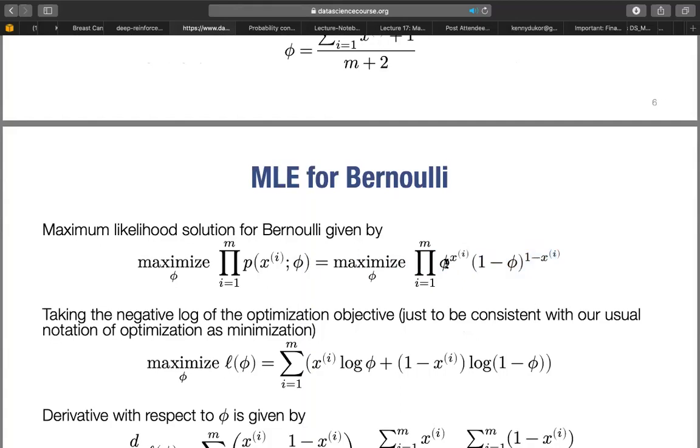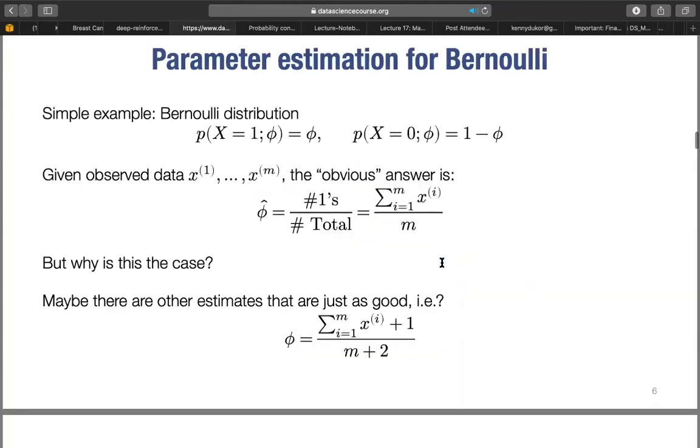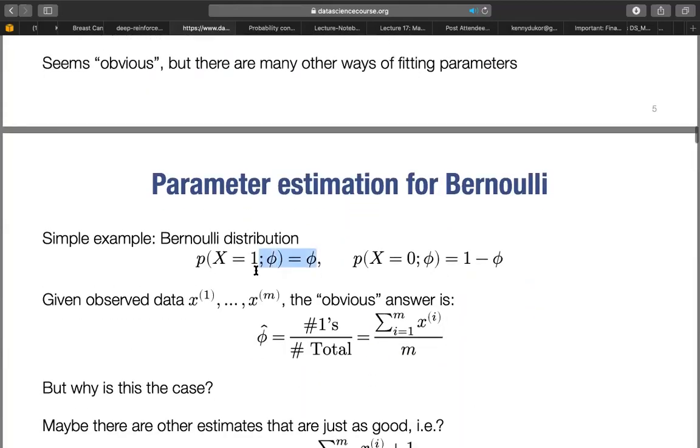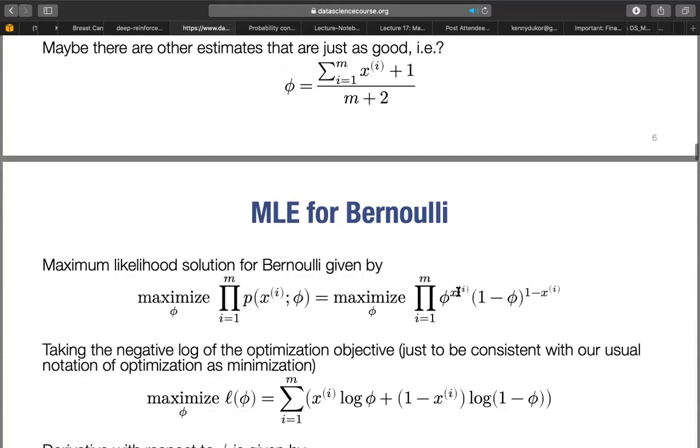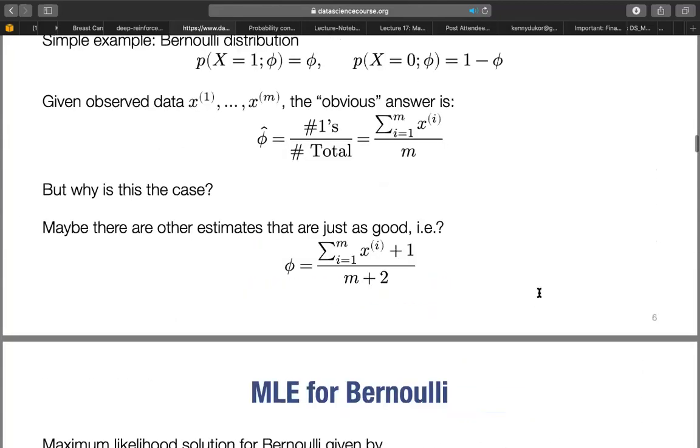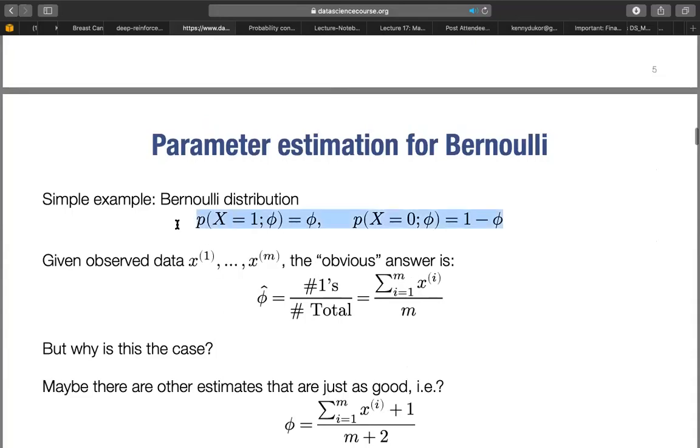So that means we'll be having phi, which we have already defined here, right? And when we have X as 0, it means that this would be 0, and what we'd have here is 1 minus phi, right? So this is more or less the reduced distribution, the simplified or compact form of what we have here, right?